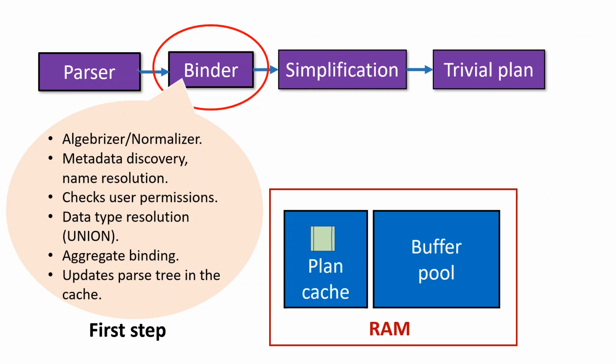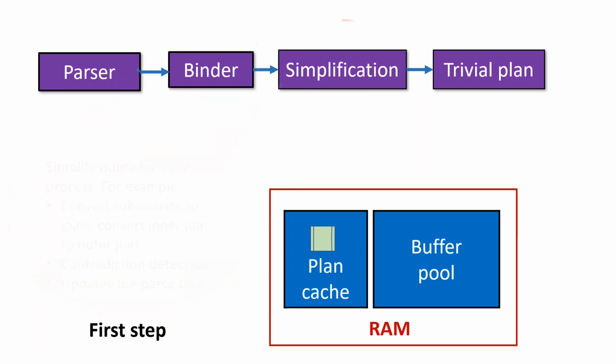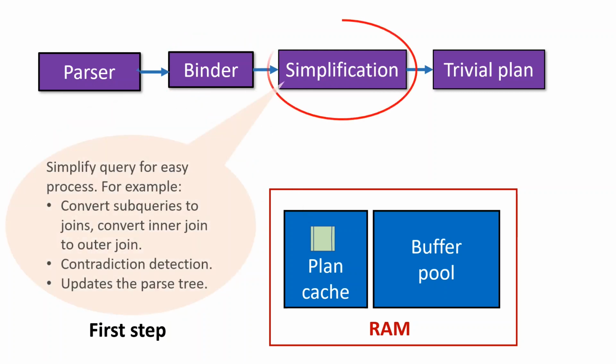Now with all this information, the parse tree inside the plan cache will be once again updated, and then our query will be sent to the simplification component. Now the simplification component itself says it simplifies the query, right? For example, if you are running a select statement which has a subquery in it, then behind the scenes, the simplification component will go ahead and convert that subquery into a simple join.